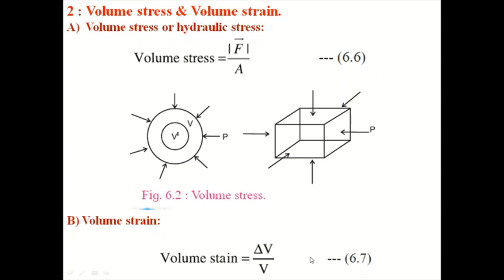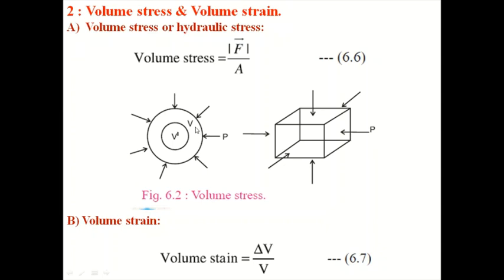After that we come to the point volumetric stress and volumetric strain. It is related to the volume of the material. Now let force F be a force acting perpendicular to the entire surface of the body. It acts normally and uniformly all over the surface area A of the body.